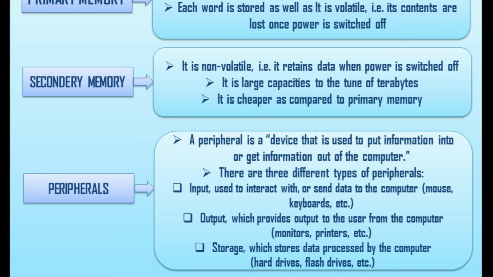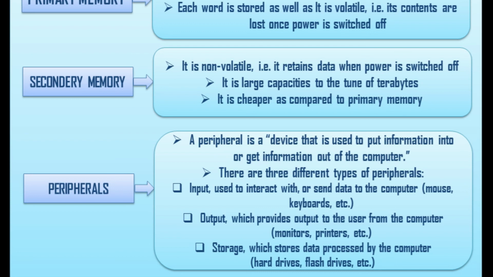Input peripherals are used to interact with or send data to the computer, like mouse and keyboards. These are the main input peripherals which we use to send inputs. Next, output peripherals provide output to the user from the computer, like monitors and printers, which give output visible to us.